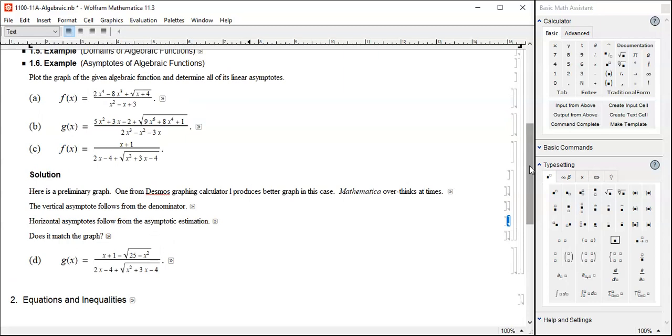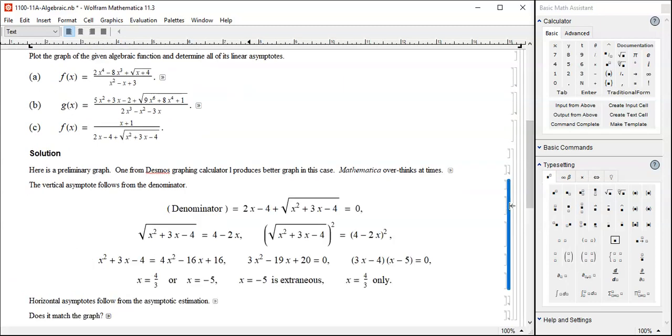Vertical asymptotes, well, that's something we already did, so let me go ahead very, very quickly. When we did this domain problem, we went through the denominator already. So set the denominator equal to 0. This is a radical equation. So flip the other side to the other, and then we have square root is equal to something, and square both sides.